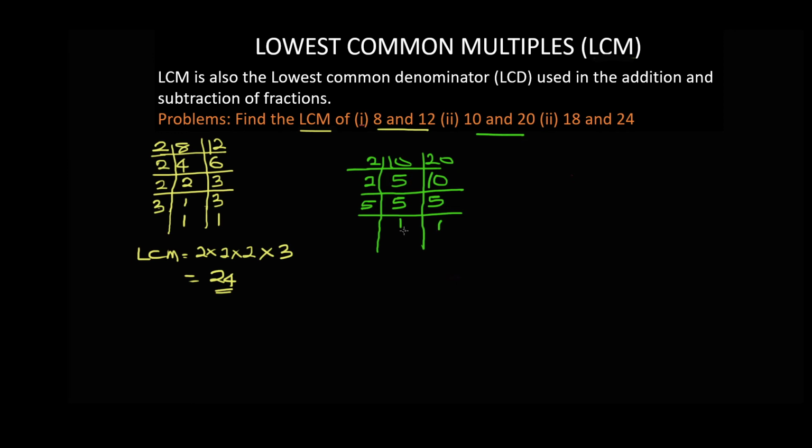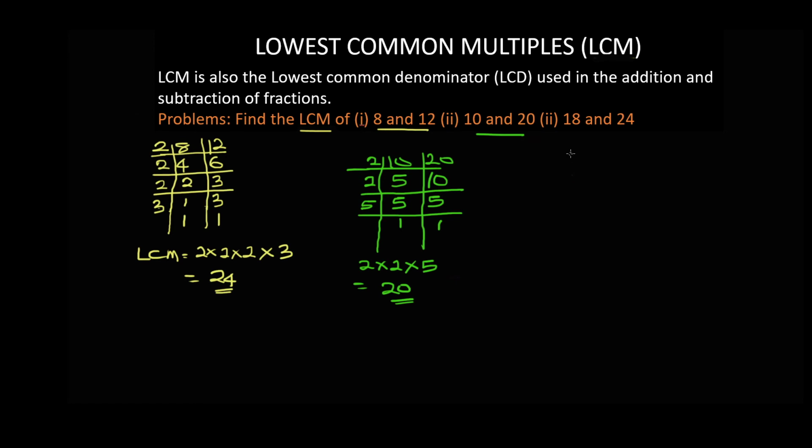We have been able to divide everything up to 1 and 1. So the LCM is going to be 2 times 2 times 5. And what's that going to give us? That's going to give us 20. So the LCM of 10 and 20 is 20.